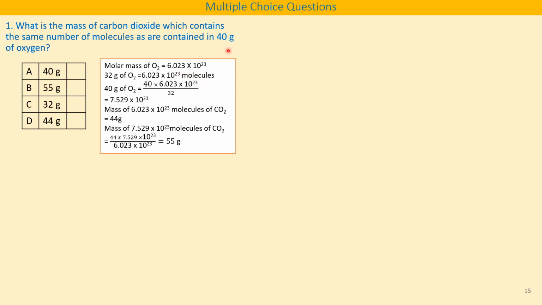Therefore, 40 grams of oxygen contains 40 into 6.023 into 10 to the power of 23 divided by 32. That is equal to 7.529 into 10 to the power of 23.